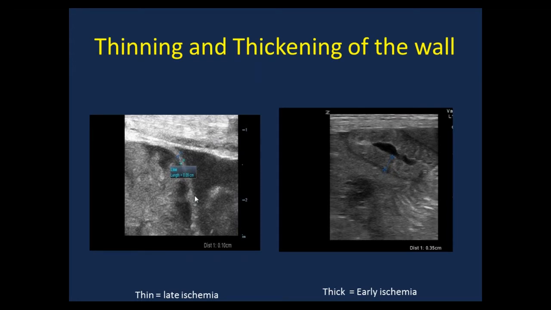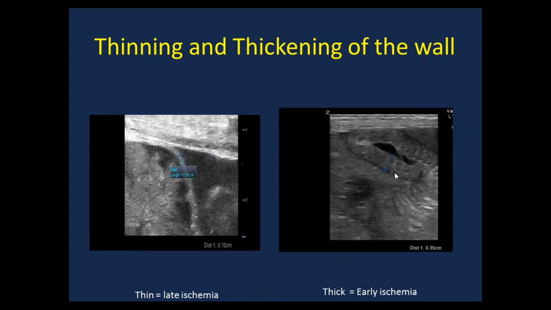The image on the left-hand side shows the colonic wall, which is very thin and measures 0.09 centimeters. The normal thickness of the bowel is between 0.11 and 0.26 centimeters. So that's lower than the normal average. And there is actually fluid outside the colon, which is another sign of late ischemia.